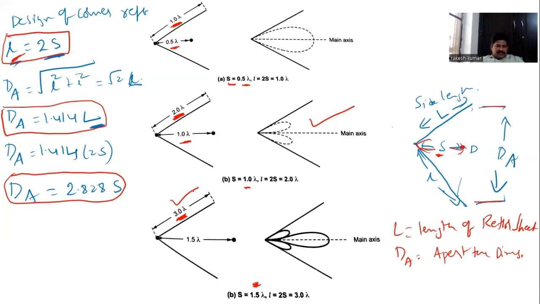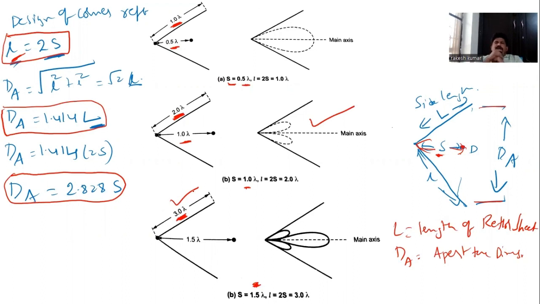The spacing S affects the gain and bandwidth. For small spacing, bandwidth is narrow and gain is higher. For broader spacing, bandwidth is broader and gain is smaller. These are the 2 things. If you want to go for beam width or bandwidth, you take more spacing.